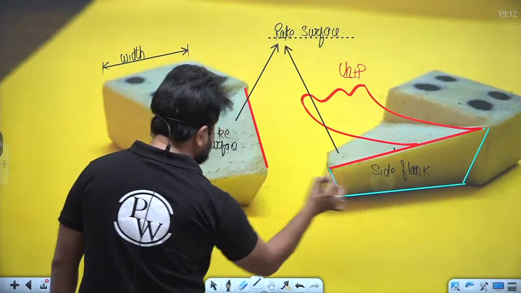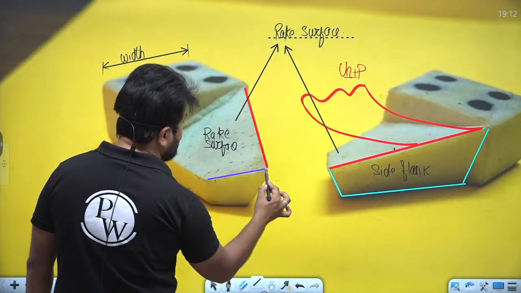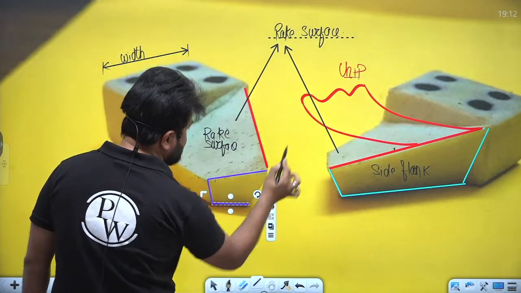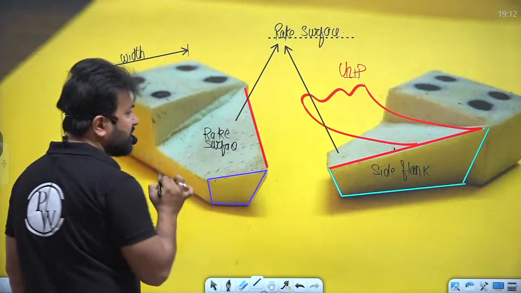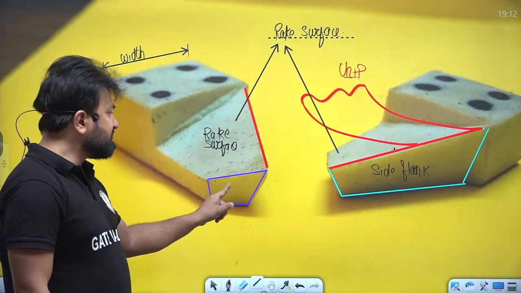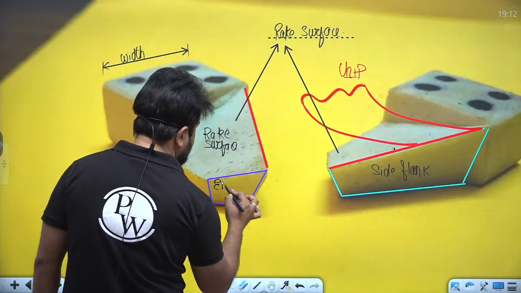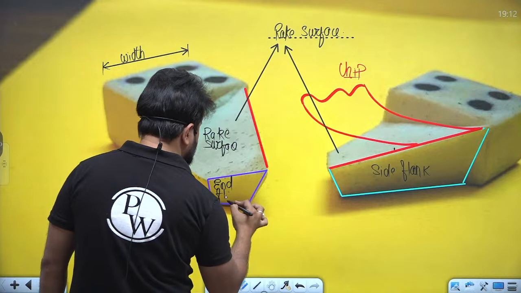Now the surface which is below the end cutting edge. The surface below the end cutting edge is known as the end flank.